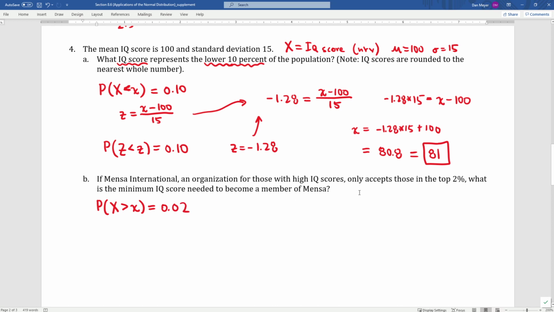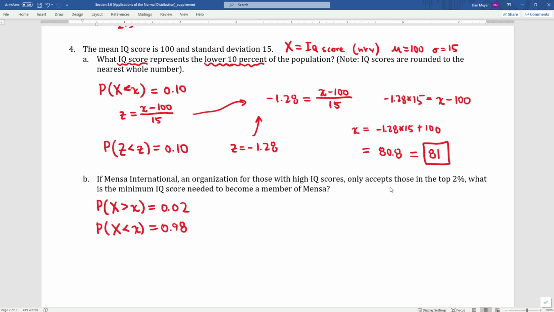Now we can't work with these greater than problems all that well, so we could say that the probability that an IQ score is smaller than that value is 98%, or that 98% of the population scores less than that value. And it's much easier to work with the less than problems.